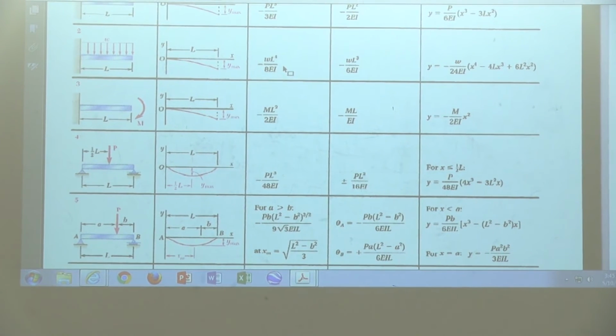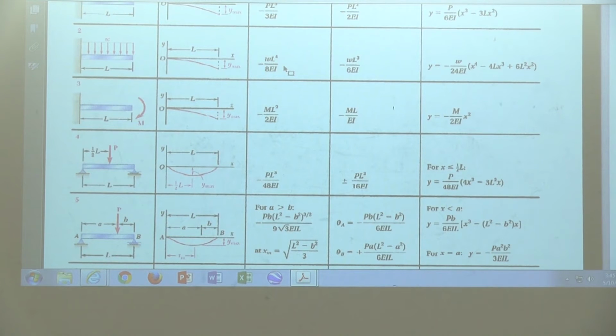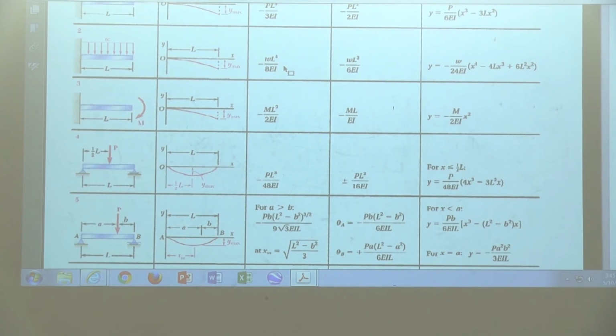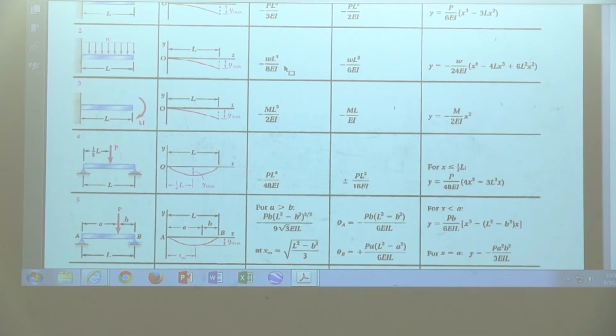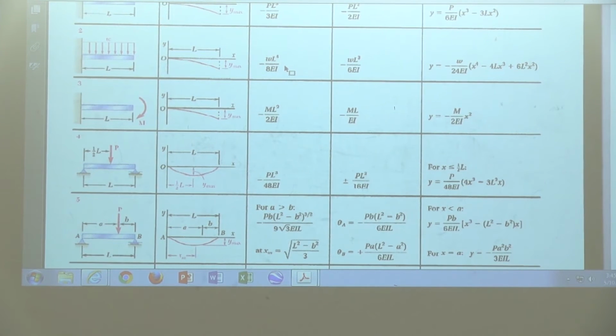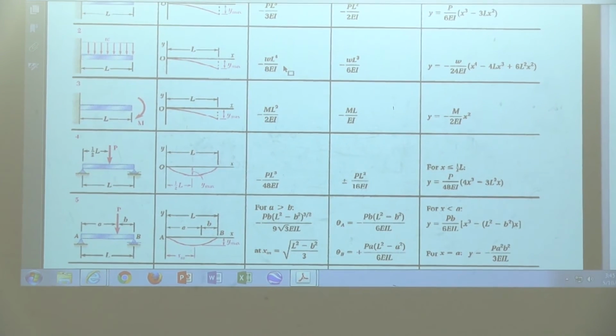Yes? Okay, so we want this. Call this system 1, system 2, and system 3. We want YB of system 1 plus YB of system 2 plus YB of system 3 together must be equal to 0. Now let's see whether we can read it correctly.